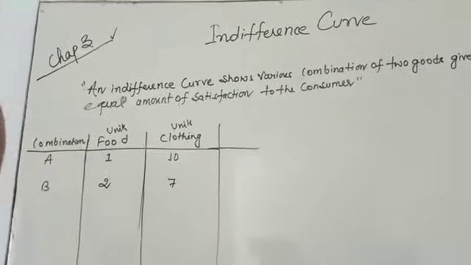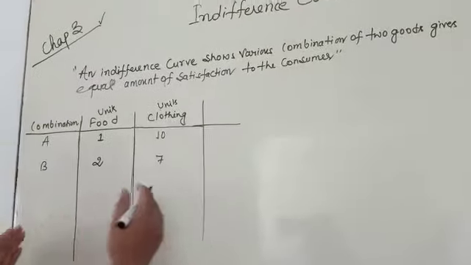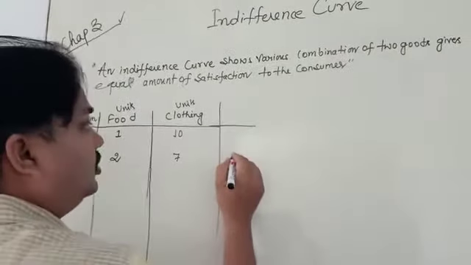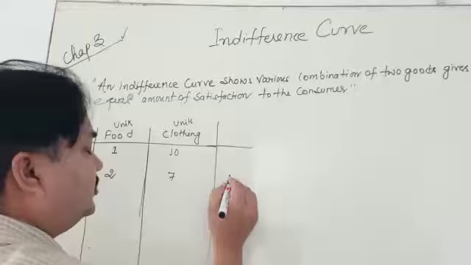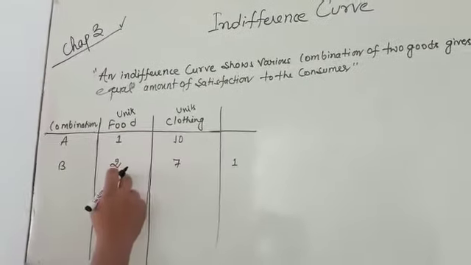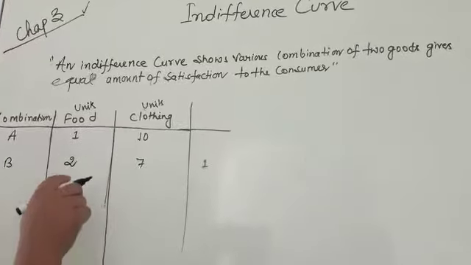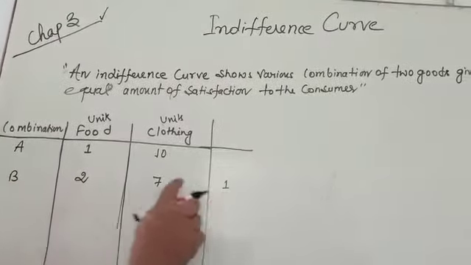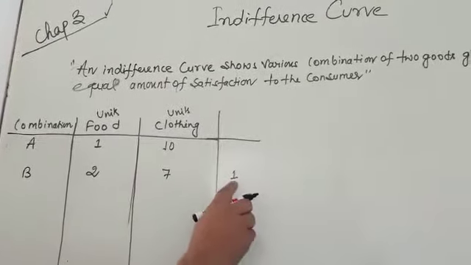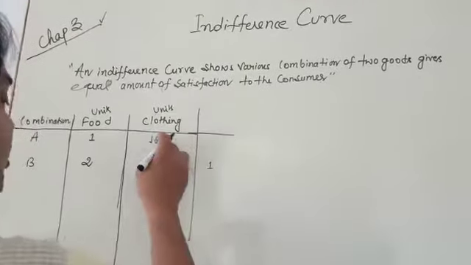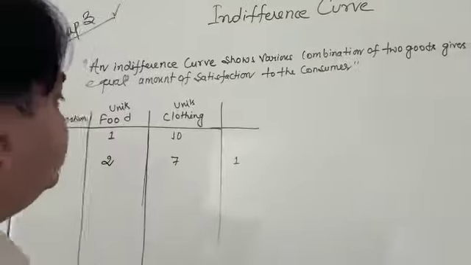How much is substituted in food? He substitutes 1 unit extra. Previously he had 1 unit of food, now he takes 2 units, so he takes 1 unit extra of food. How much does he sacrifice?